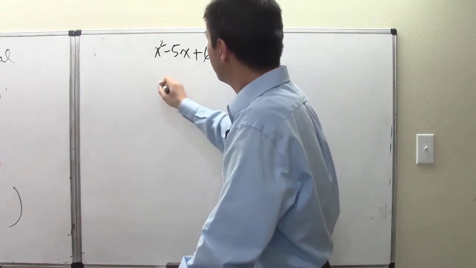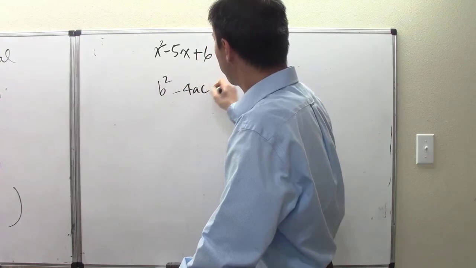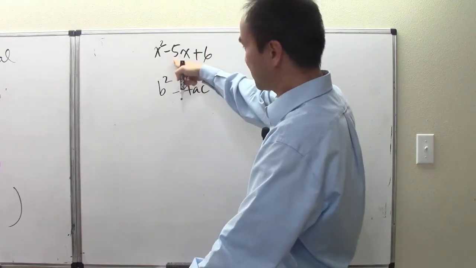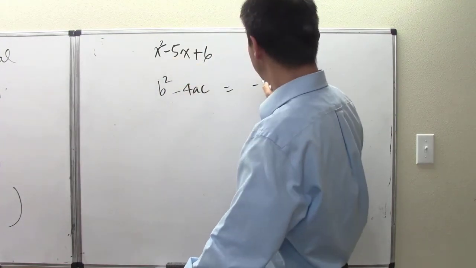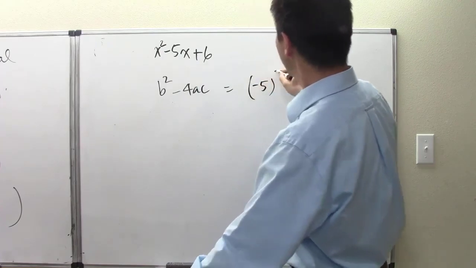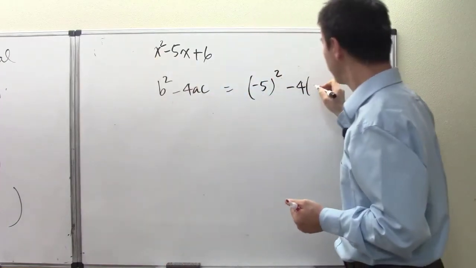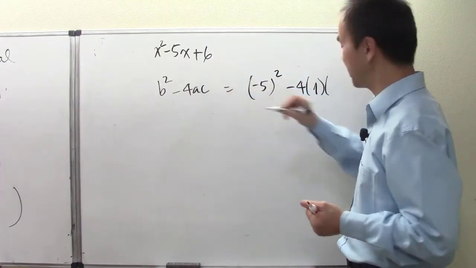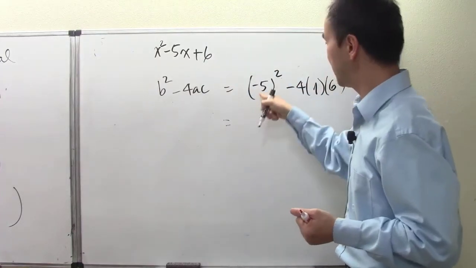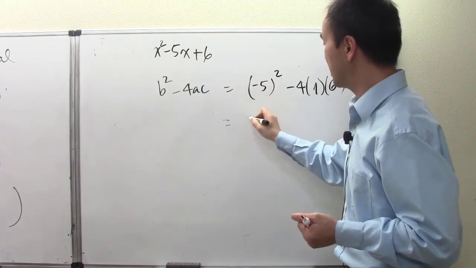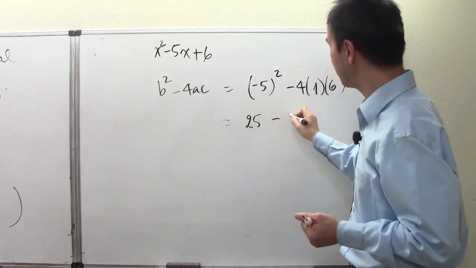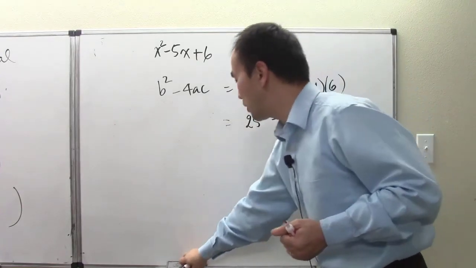So b squared minus 4ac: b is negative 5, so b squared is negative 5 squared, minus 4 times a, the coefficient 1 right here, times c, which is positive 6. So negative 5, all squared, is a positive 25. I'm subtracting 4 times 6, which is 24.